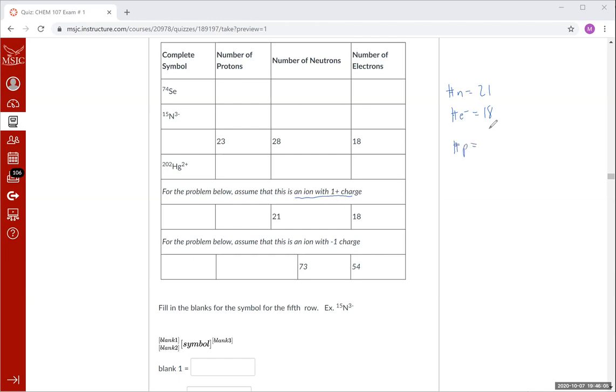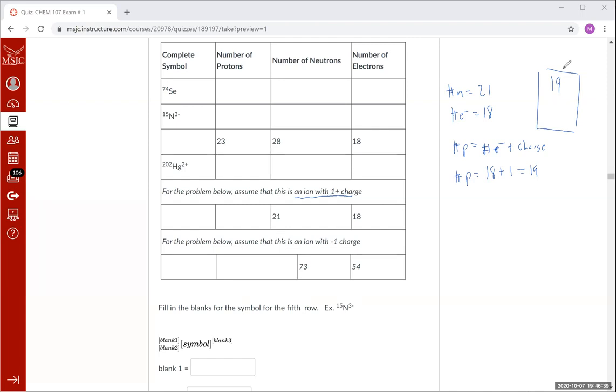Our number of protons is equal to the number of electrons plus the charge. That gives us 18 plus 1, or 19 protons. From our number of protons, we can look up in our periodic table, what element has 19 protons?